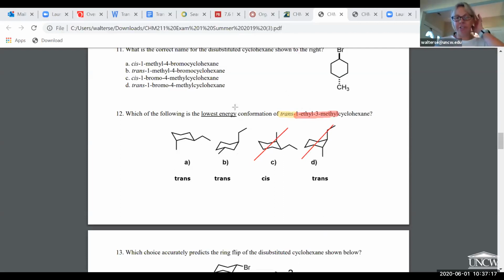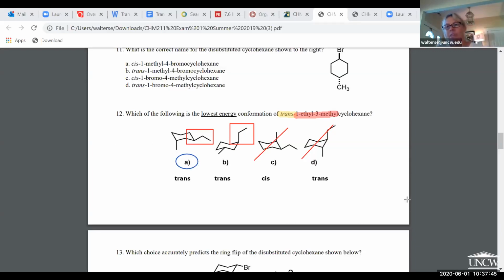Okay, so now you're down to only comparing 2. Ethyl is the larger substituent, so you're going to want the largest substituent in the equatorial position. So largest group equatorial. This has largest group axial. So the lowest energy configuration is A.